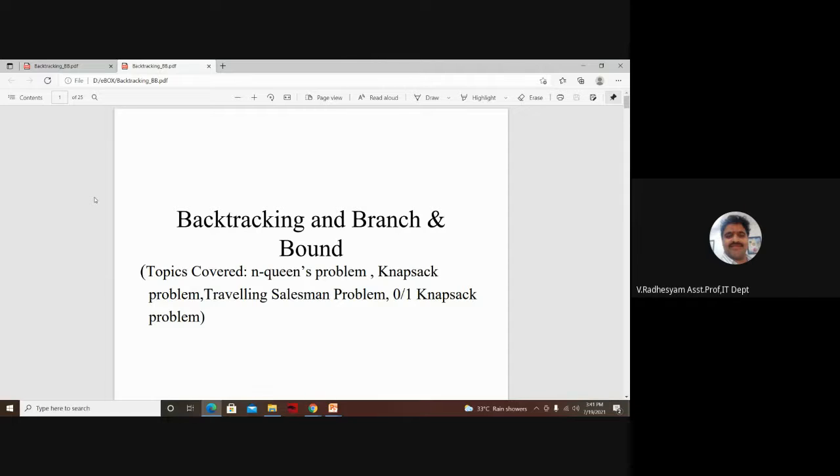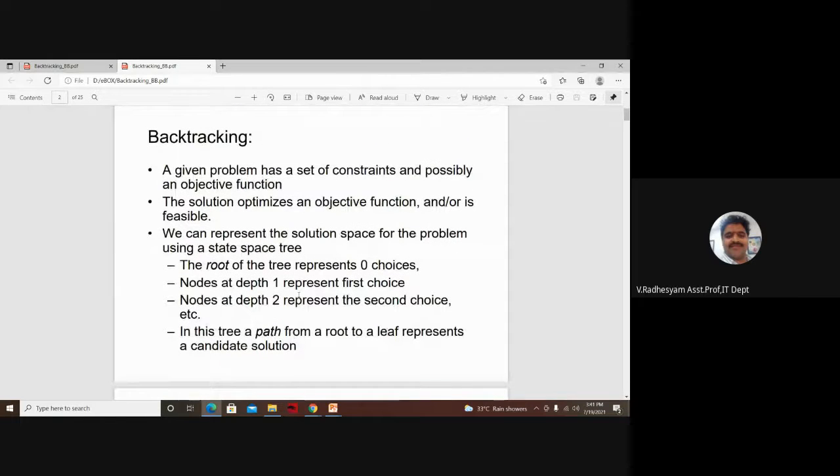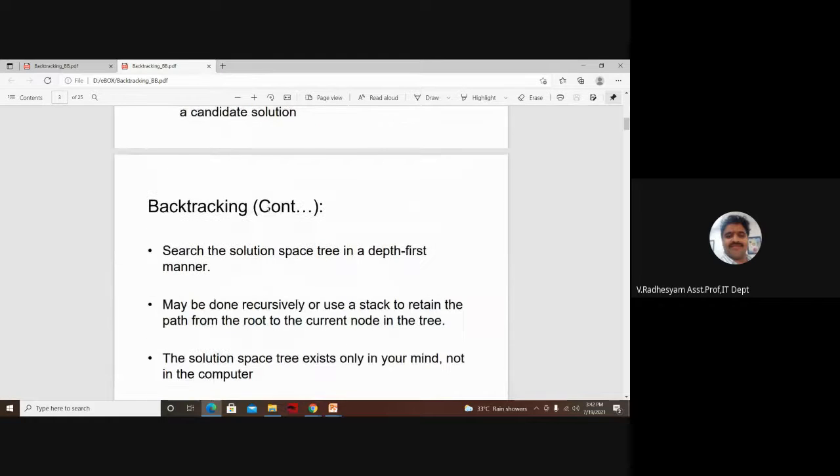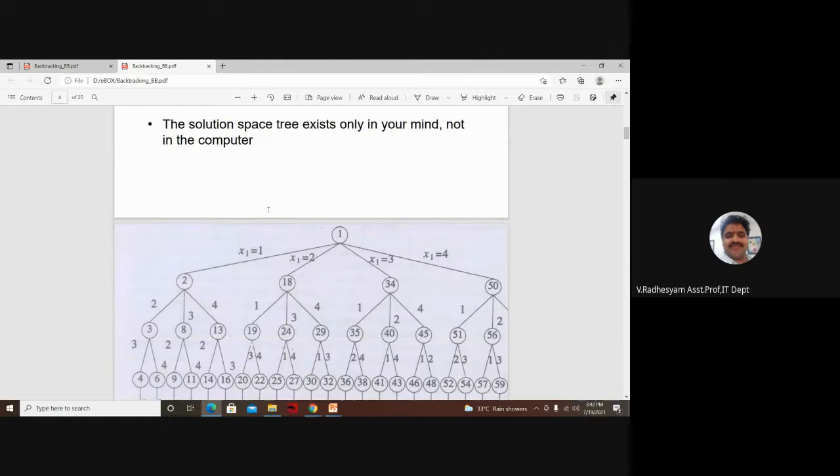Backtrack means if any problem occurs, we'll come back to the original place and restart from there. Given a problem, a set of constraints, and possibly an objective function, the solution optimizes the objective function with a feasible solution. Backtracking is also a searching mechanism like branch and bound, searching for a solution.